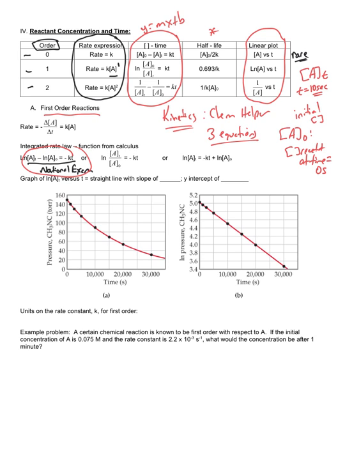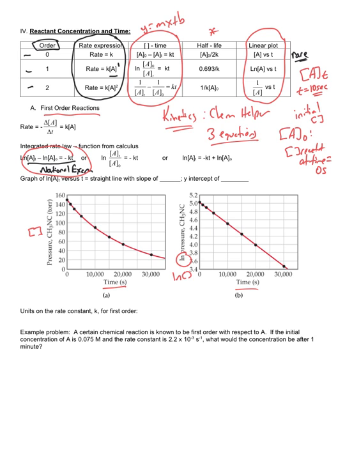Okay? So if I were to graph a concentration versus time graph of a first order reactant, that graph would not create a linear line, as you can see here. It's curved.